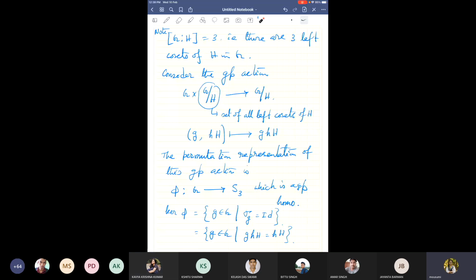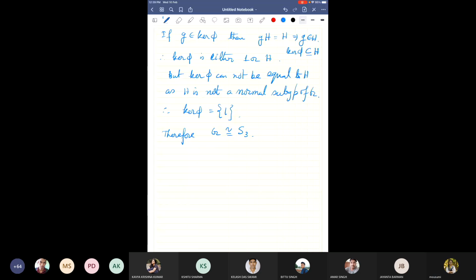Okay, fine. So now should I go to the next application? So the next application, we will be using the same group action. So let G be, maybe I should not write it as a corollary because it doesn't directly follow from there. I should put it as a proposition. So let G be a finite P group.